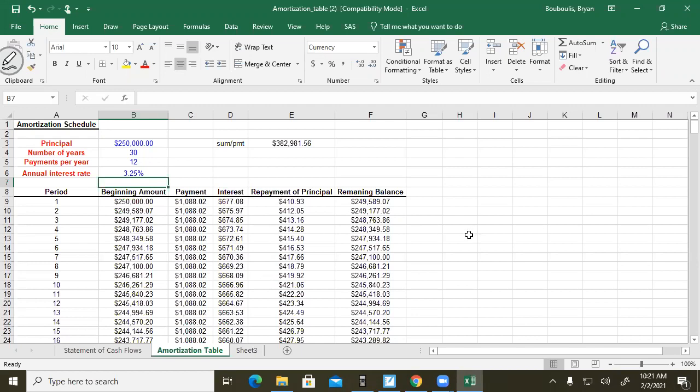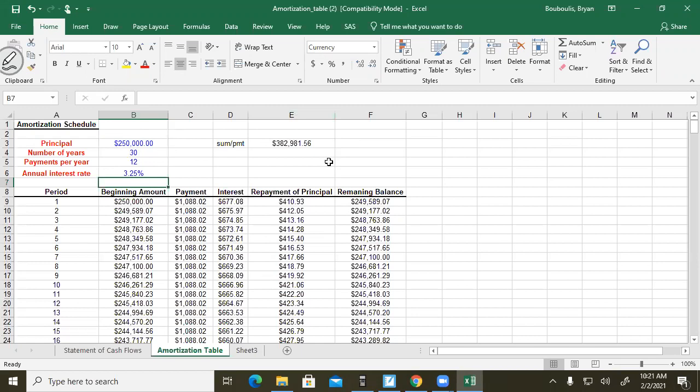A couple of big things to notice. Here's your $250,000 house. Look what you pay total for your house after 30 years. $382,000. So you're paying almost 50% interest added to the home.